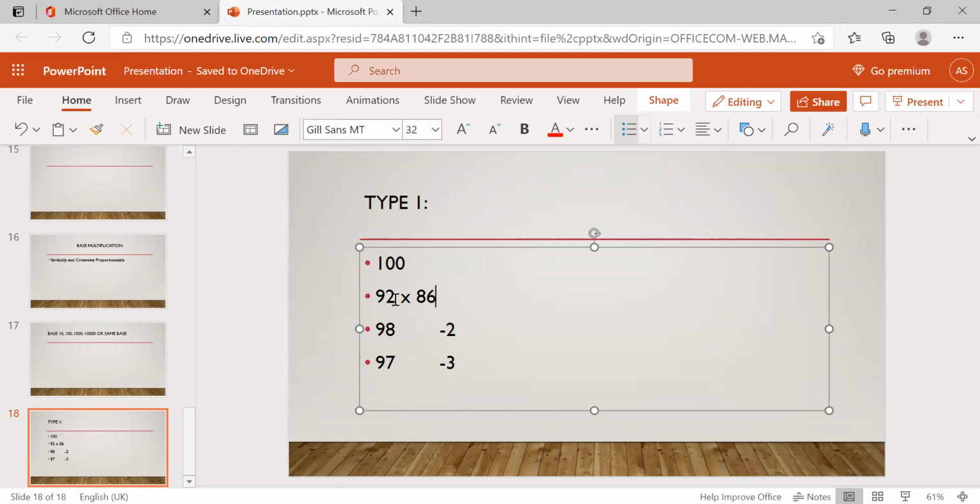Now it is minus 92, right? 92. What's the difference? 8. Clear? And here, sorry, 86, right? 86. What's the difference?